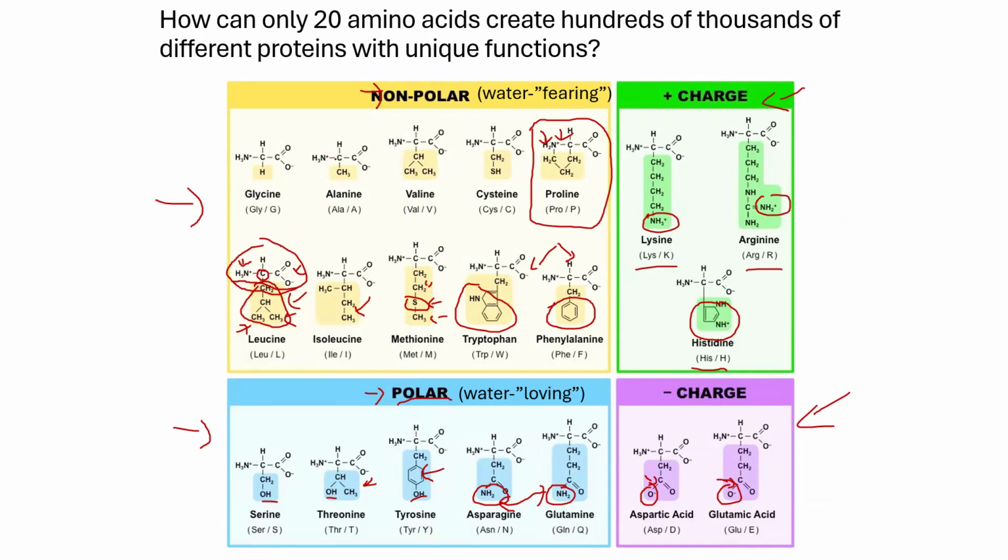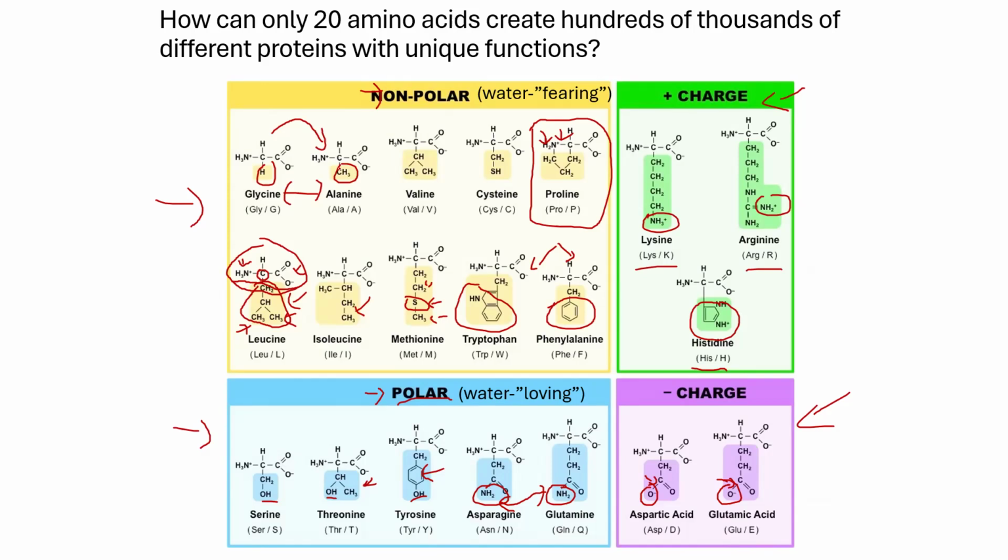So if I was changing, let's say, glycine to an alanine, they're both nonpolar. They both only have one element or molecule off of the central carbon, and their structure is not very different. So we would call that conservative because yes, it's a different amino acid, but it has a very similar chemistry, it has a very similar structure, and we're not changing all that much.